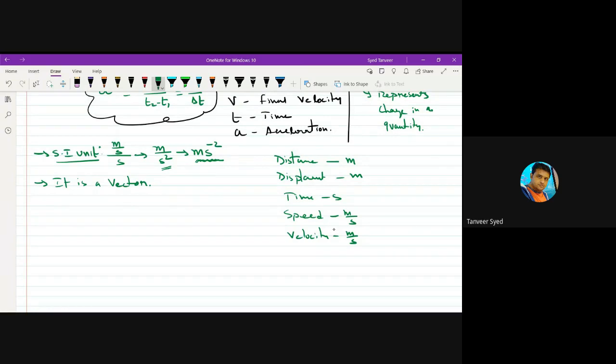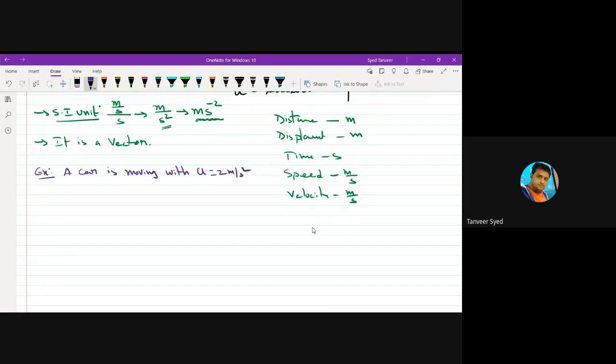Okay. And these are all the technical things. Now, practically, physically, the point that you should understand from acceleration is, suppose if I tell you a car is moving with acceleration 2 meter per second square.